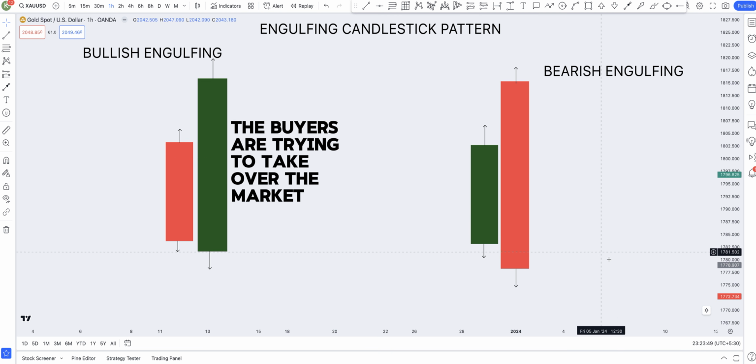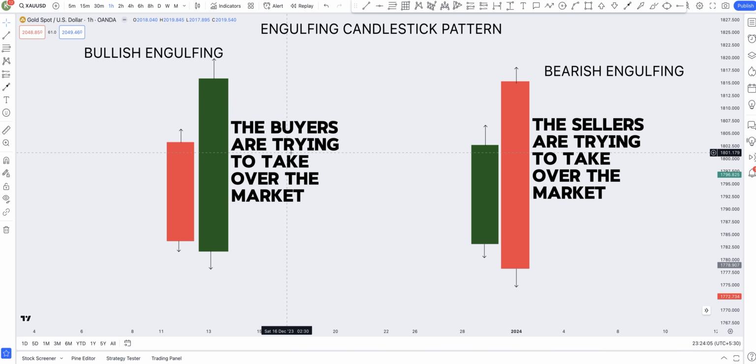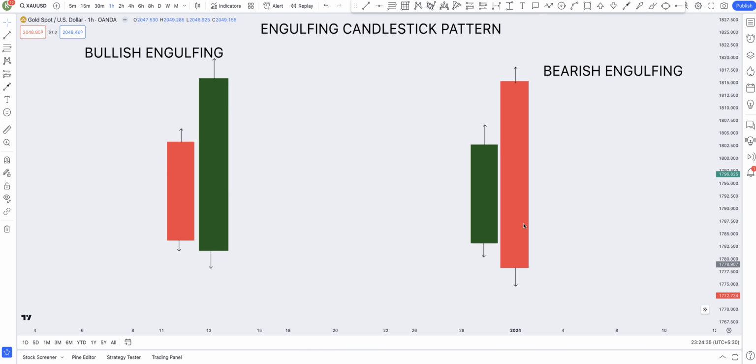And when you also see this on your area of value, your area of value could be trend line, support and resistance, demand and supply zone, chart patterns or whatsoever you look at before you take an entry. The moment you see this in an uptrend, you should know that the sellers are trying to take over the market. Take note of this.